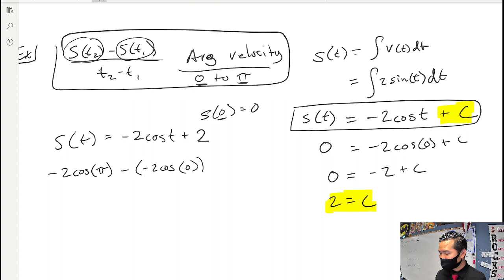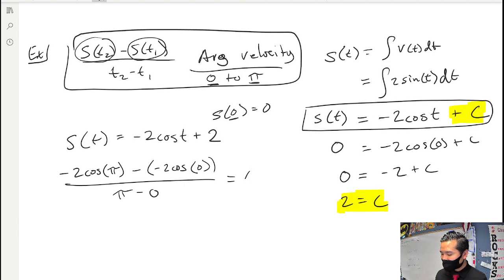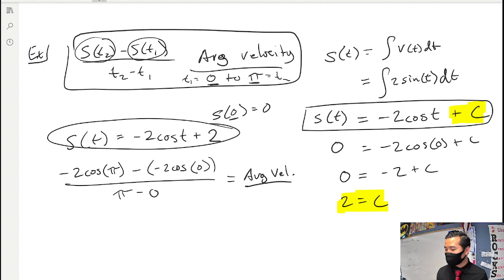Good. All over pi minus 0. This right here is the average velocity, isn't it? I'm just plugging t1 and t2 into my position function. Oh, that makes sense. Thank you.